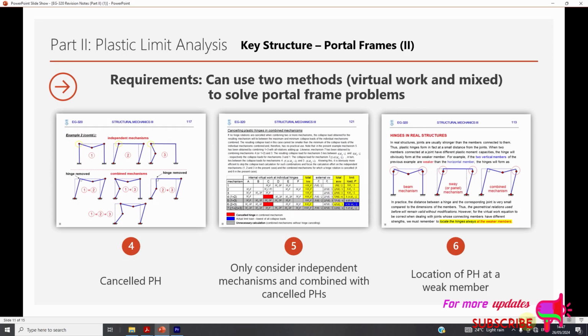Cancelled, you can see an example of a cancelled plastic hinge. Only consider independent mechanisms and combine with cancelled plastic hinges.